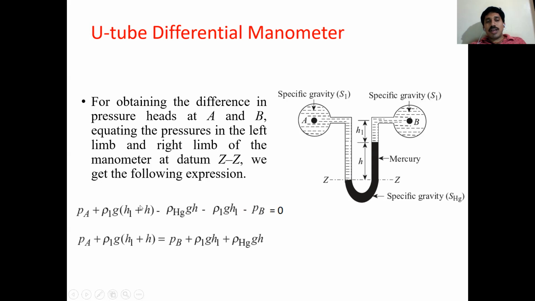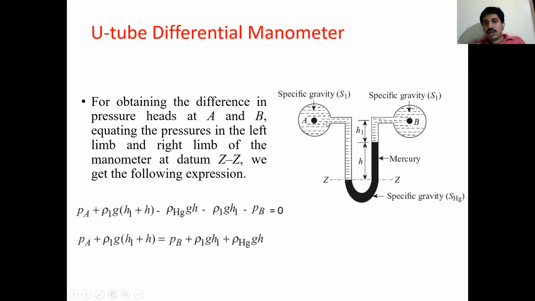So PA plus, when we go downward we take positive sign. So height is H1 plus H. Rho gh is the standard hydrostatic equation. Rho means here in the left pipe, in pipeline A, we take density as rho 1 because of specific gravity S1.